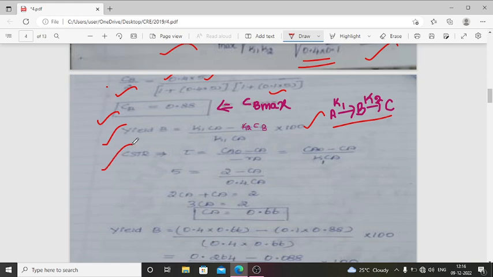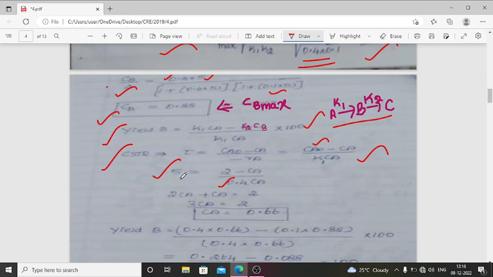In the CSTR performance equation, tau is equal to Ca naught minus Ca by minus Ra. Here minus Ra means K1 into Ca. So the tau value we already calculated is 5, equal to Ca naught, given as 2, minus Ca, which is unknown, divided by K1, given as 0.4, into Ca.